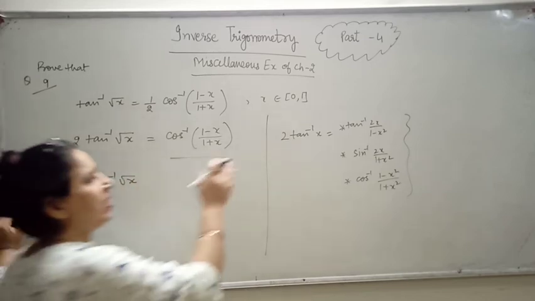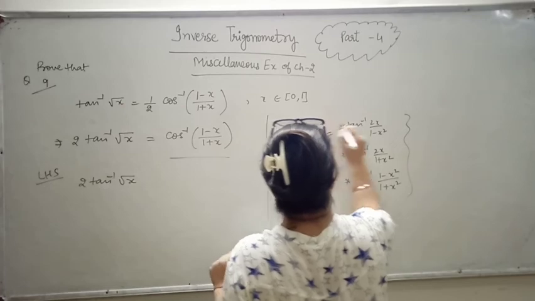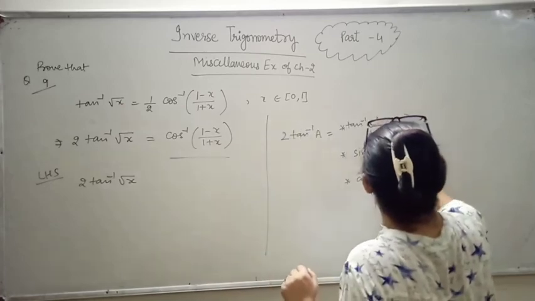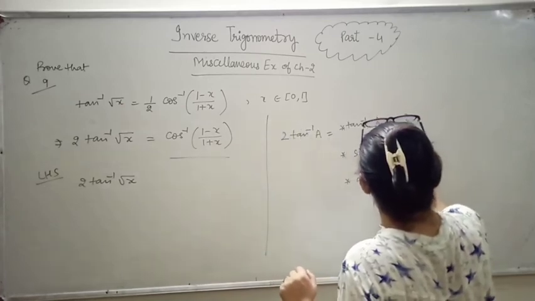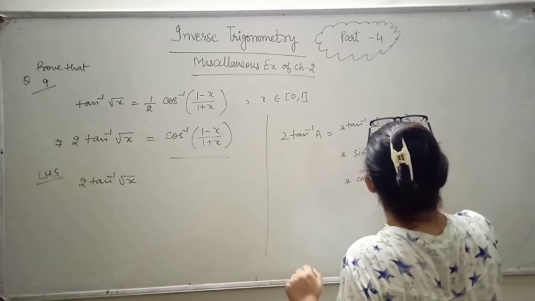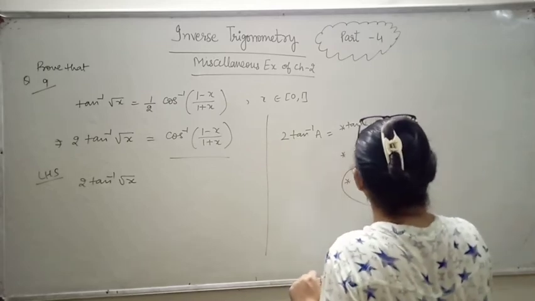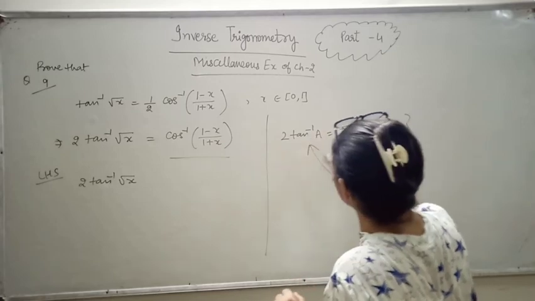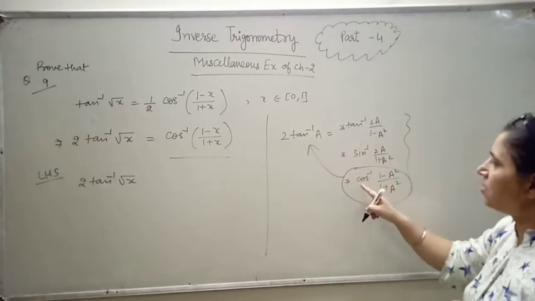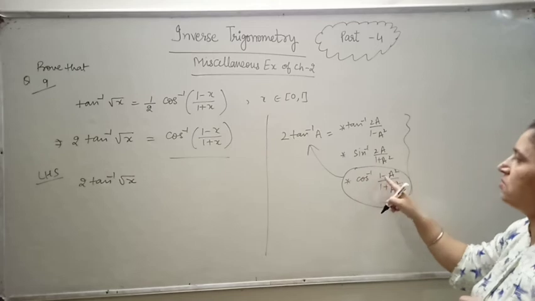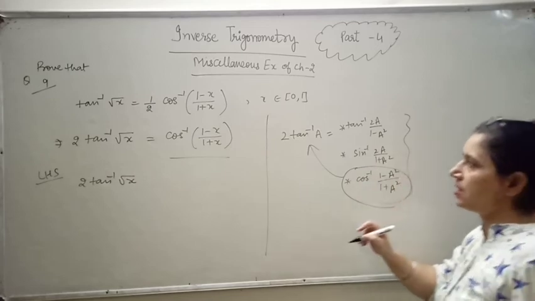And if I replace this x, so that you are not confused, let me write it as a. So this is 2 tan inverse a, and now you can see I am going to apply this formula. 2 tan inverse a is equal to cos inverse of (1 minus a square) upon (1 plus a square).